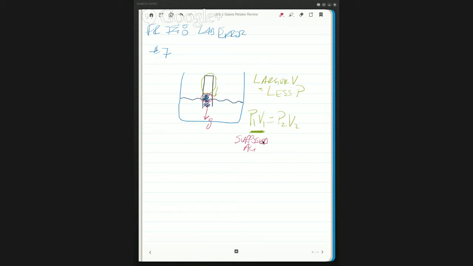Then what happens on this side is what it actually is, because gravity is pulling down. This is where the error is. If your volume increases, then your pressure has to decrease. They are inversely proportional. So hopefully that makes some sense.